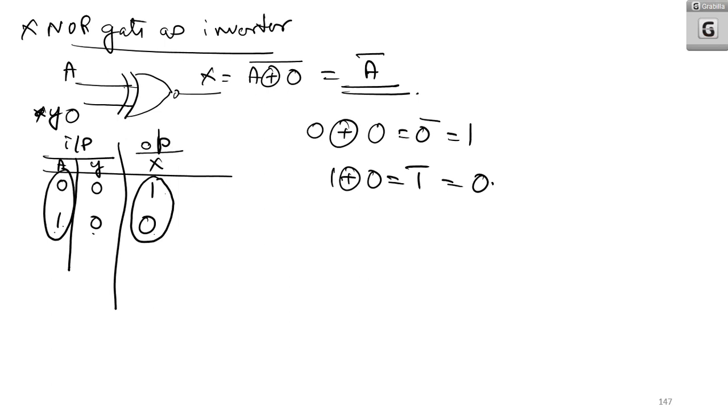We will deal with 3 or 4 examples. With that I am ending this portion on gates. How to realize all other gates using the NAND gate and NOR gate will be dealt with after that.